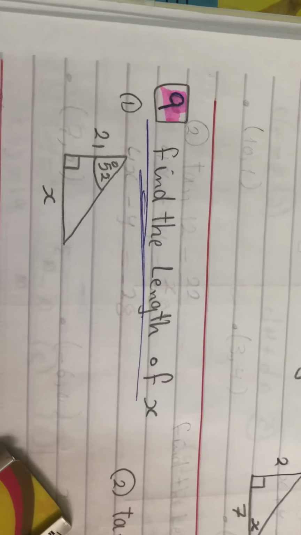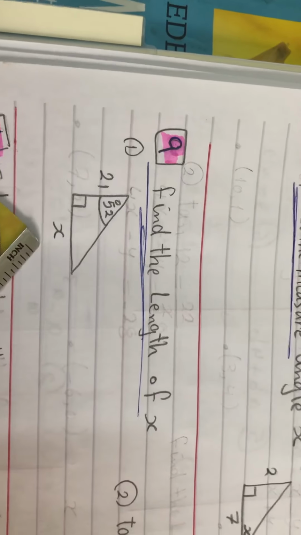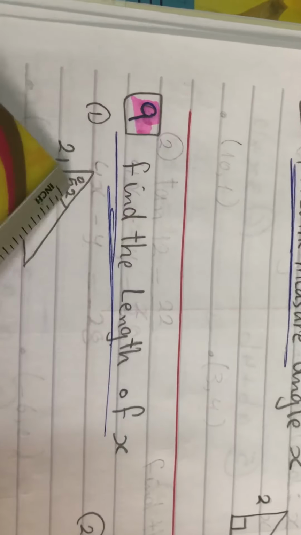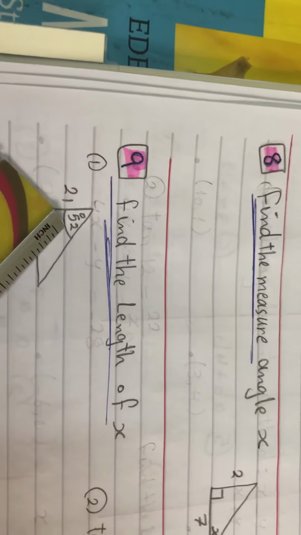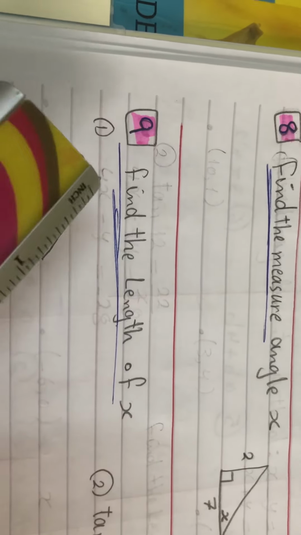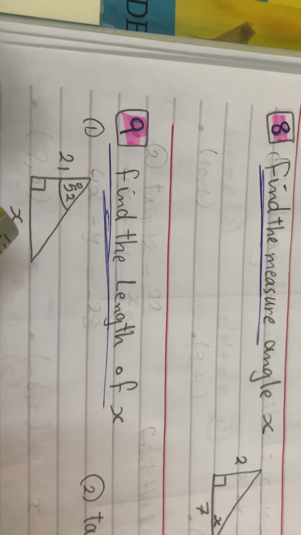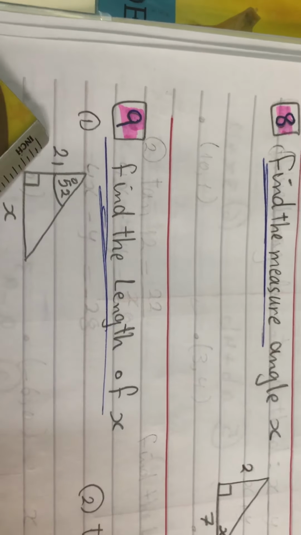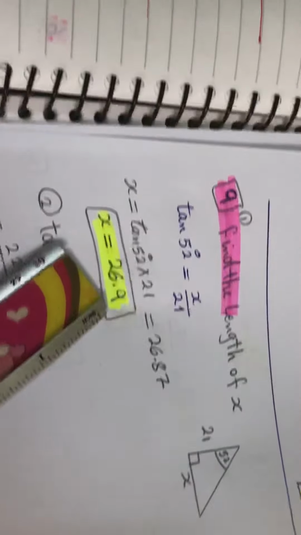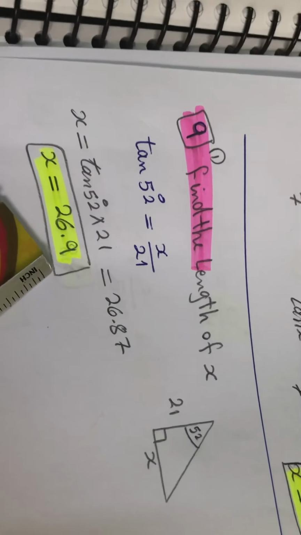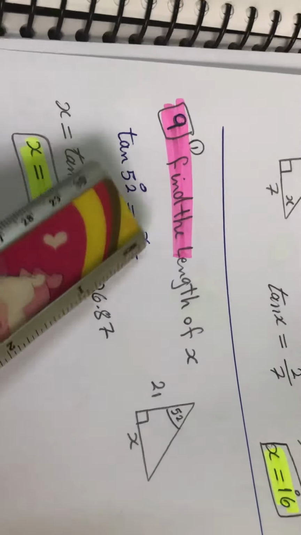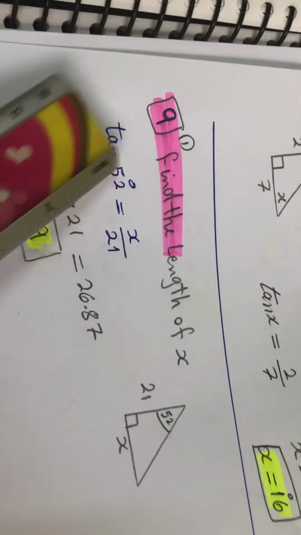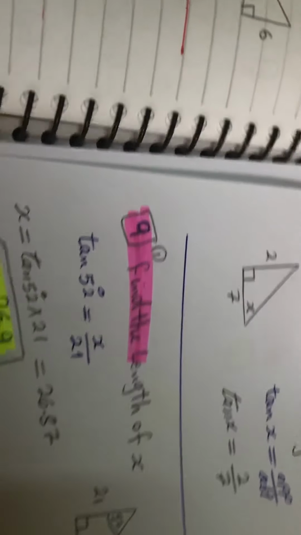Now, question number 9. Find the length of x. Find the length of x by tan, because he gives me an angle. This angle is 52, so tan 52 equals x opposite over 21 adjacent. So cross multiplication, x equals tan 52 multiplied by 21.